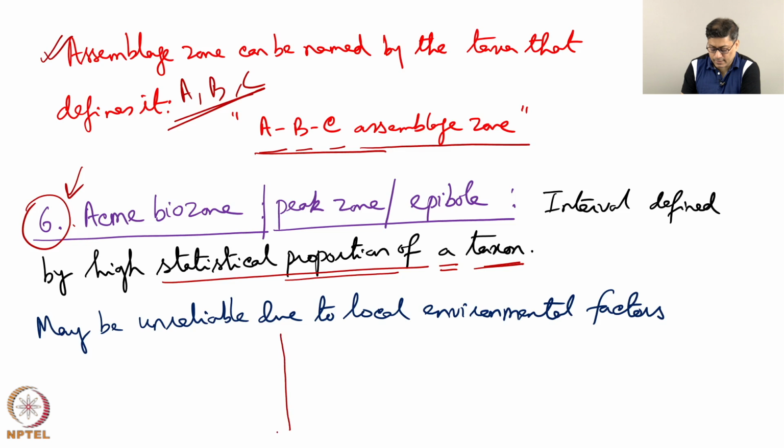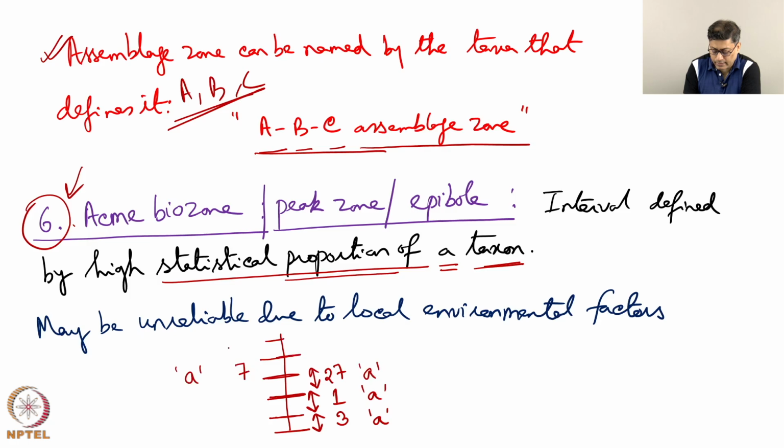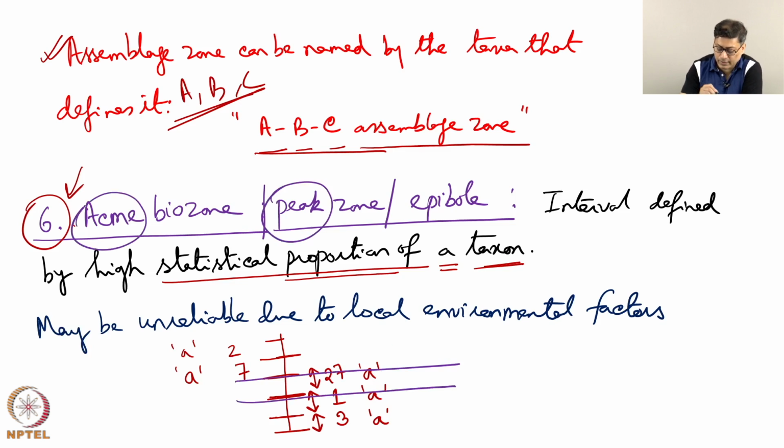Let us look at a succession and say within this range we have got 3 examples of taxon A. Here within this we found only one example of taxon A. Within this we found 27 examples of taxon A, and here again we found 7 examples of taxon A, and then again 2 examples of taxon A. This is the zone where they are maximum in number, their number is peaked, acme peak has been achieved.